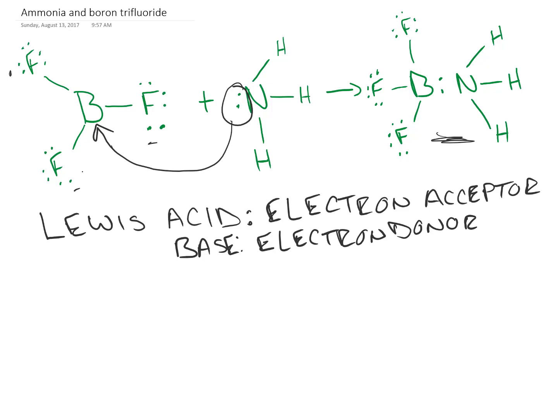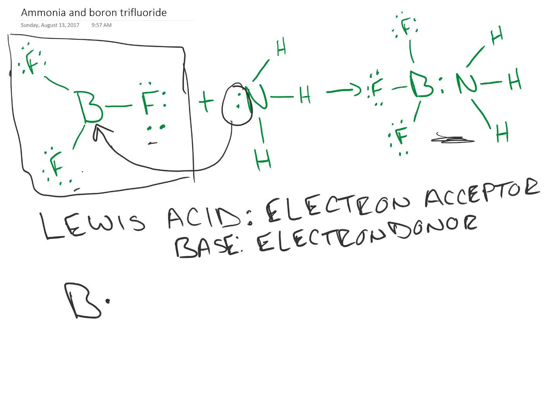And so there's a few things that the book doesn't really hit on. First of all, it might bother you that boron is violating the octet rule here. We just kind of throw that out there and don't even talk about it. But remember, boron only has 3 valence electrons. 1, 2, 3. So it can actually violate the octet rule because it's going to pair electrons with somebody else.